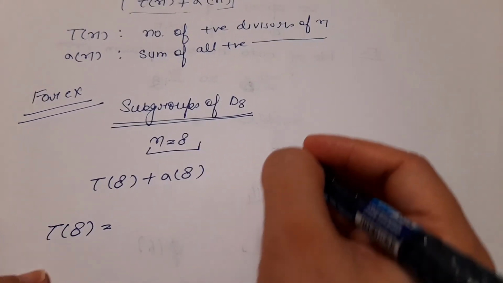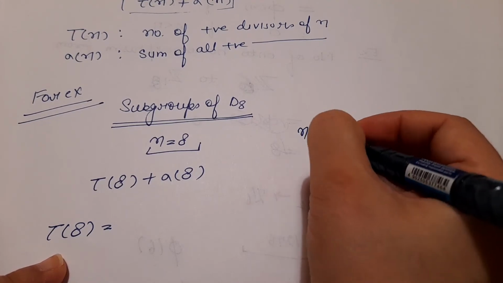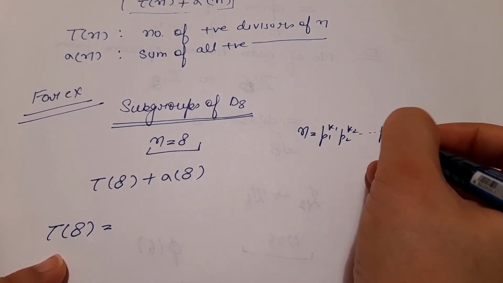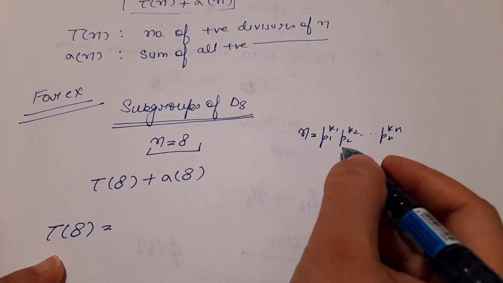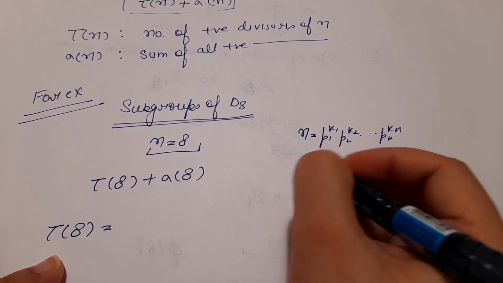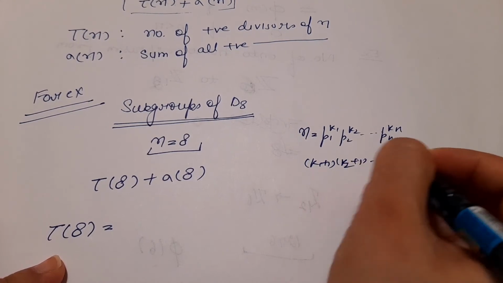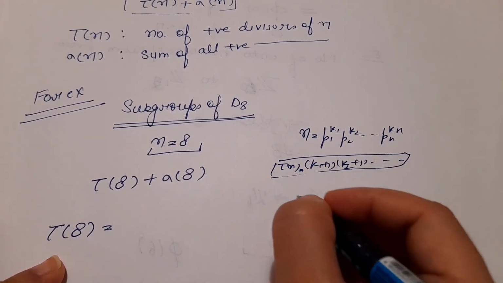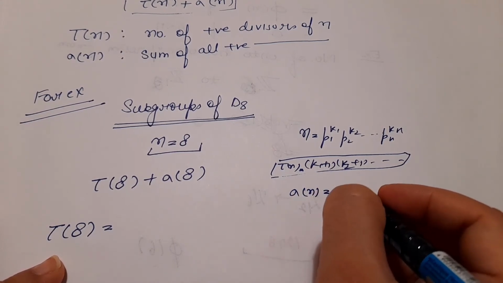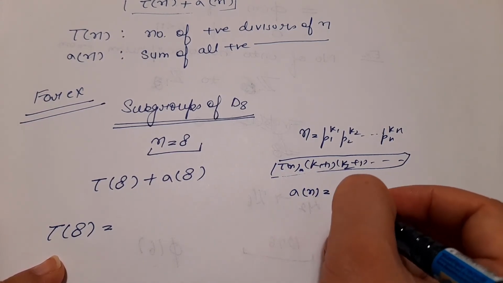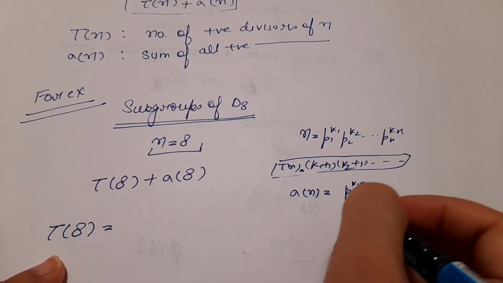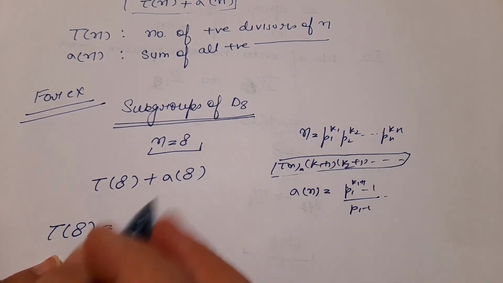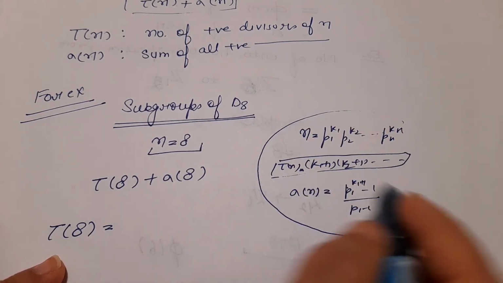We have seen the formula: if n is equal to p1 raised to power k1, p2 raised to power k2 and so on, pn raised to power kn, then tau n is k1 plus 1 into k2 plus 1 and so on. We have studied the formula for sigma n as well: sigma n is p1 raised to power k1 plus 1 minus 1 upon p1 minus 1, and similarly for p2 and so on.